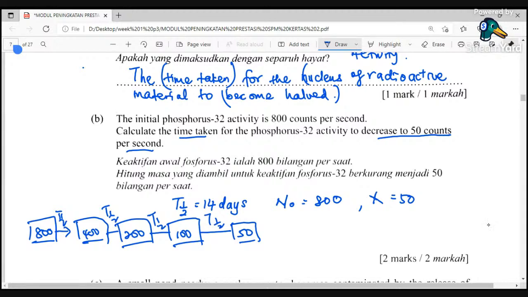Okay, so the time taken ialah 4 half-life. Maksudnya ialah 4 times 14. Okay, so ini bersamaan dengan 56. So the time taken for 800 to become 50 ialah 56 days. Okay.